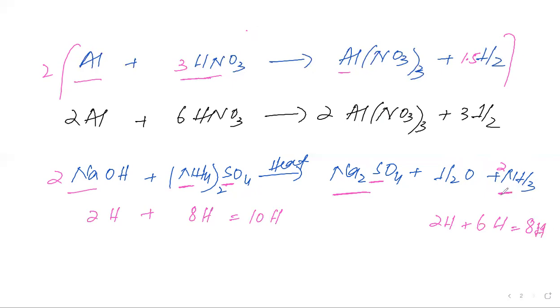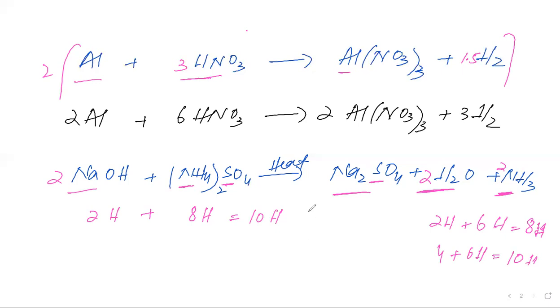As we have already balanced nitrogen, we can't increase any number before ammonia. This 2 should not be changed, and in order to increase hydrogen, we should write a number before water. Now this 2 twos are 4, 4 and 6. Now total number of hydrogen atoms at the product side are also 10. Hydrogen is balanced.